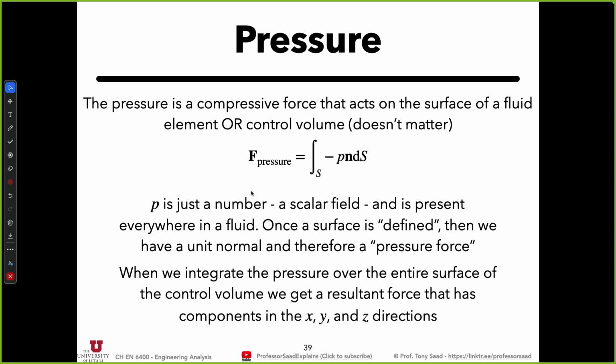To turn it into a force, we need to multiply by area. In other words, we're integrating. That's why we need that integral. We're summing up all that force per unit area times the little areas until we get the net force of the pressure. The net pressure force is a vector, and that vector has three components, I, J, and K, okay?